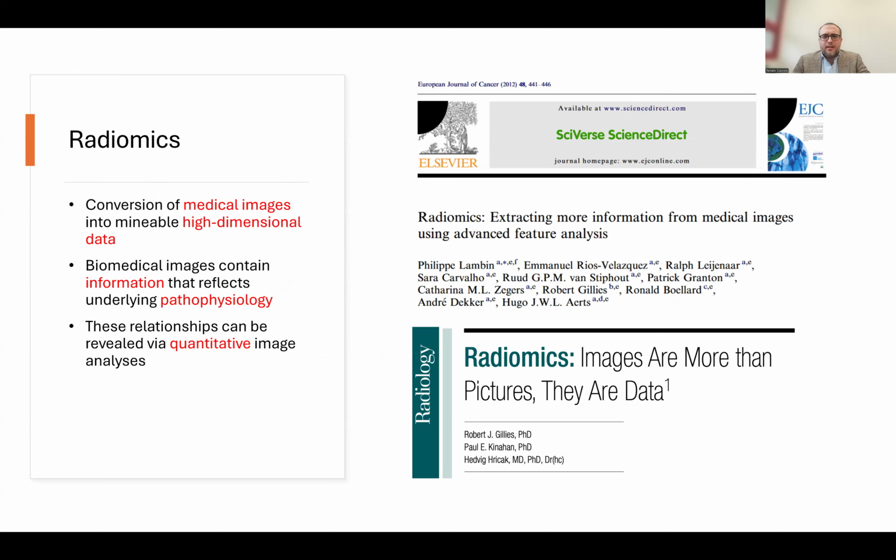So what is radiomics? Essentially, radiomics is a definition which was established in 2012 and encompasses techniques that analyze medical images to convert them into high-dimensional data sets, which should contain information related to pathophysiology.